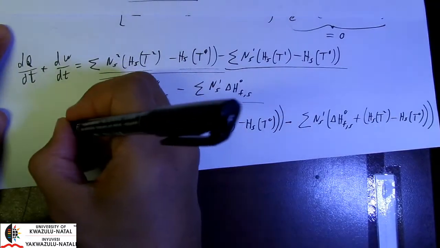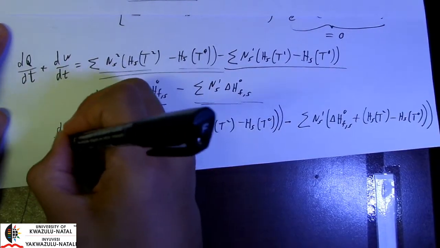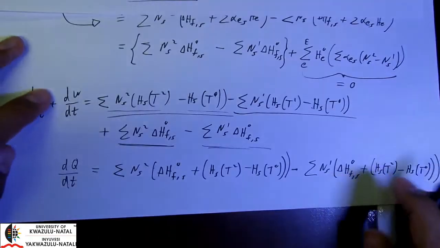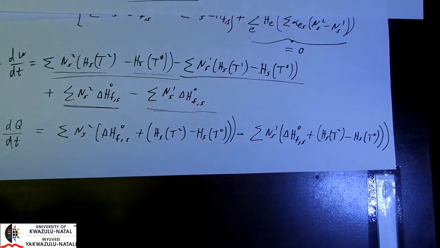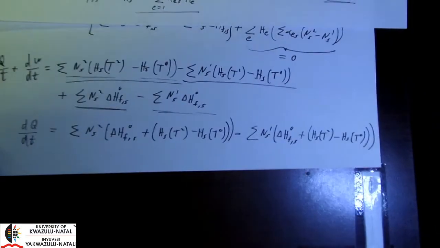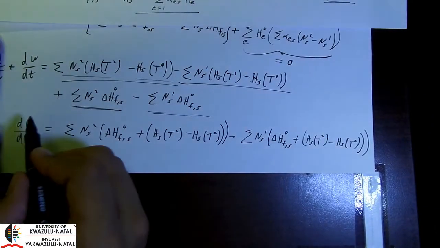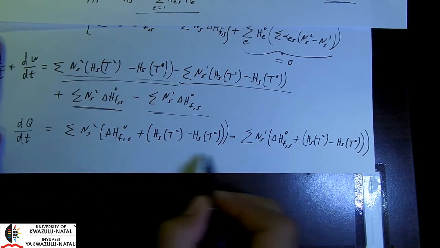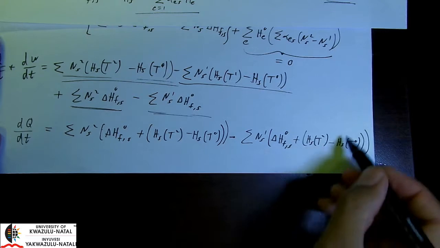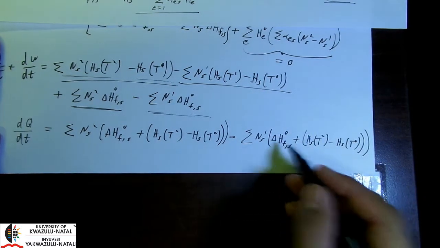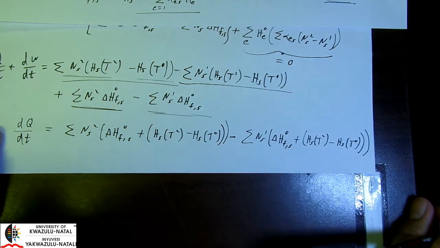And this is my final energy balance. If I set my dW dt to be 0, this is what I finally end up with. So my dq dt is equal to my output enthalpies, including my heats of formation, minus my input enthalpies, including my heats of formation.